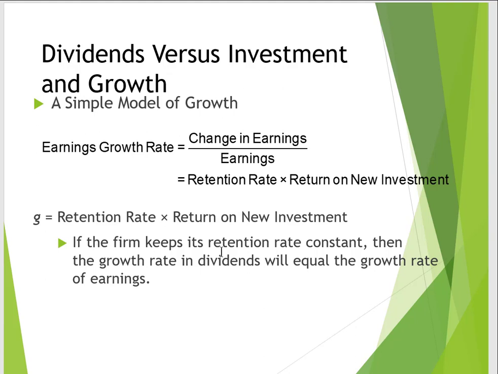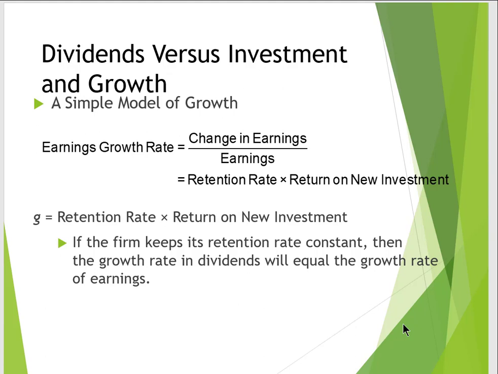So if the company keeps its retention rate constant, then the growth rate in dividends is going to equal the growth rate of earnings. Predicting future dividends is rather difficult without this assumption, right? We need to understand that companies don't change their dividends very often.